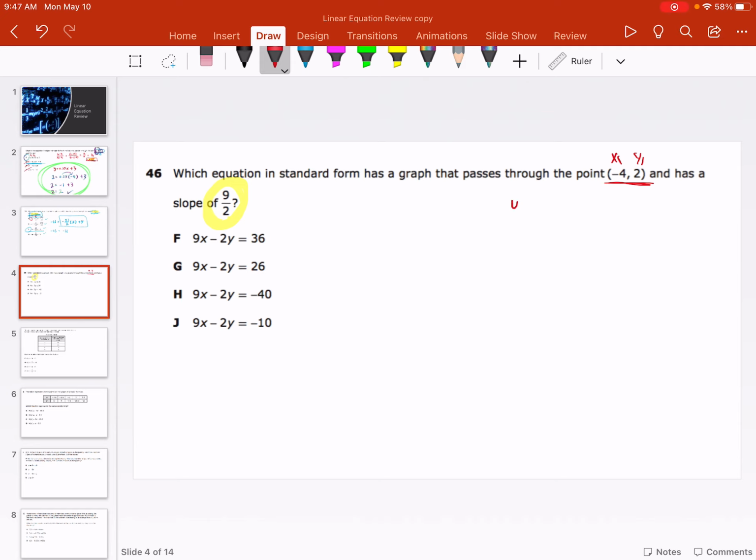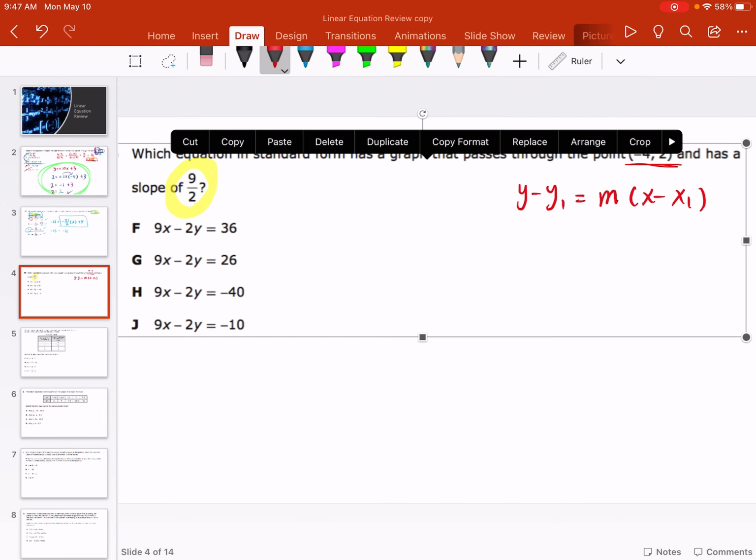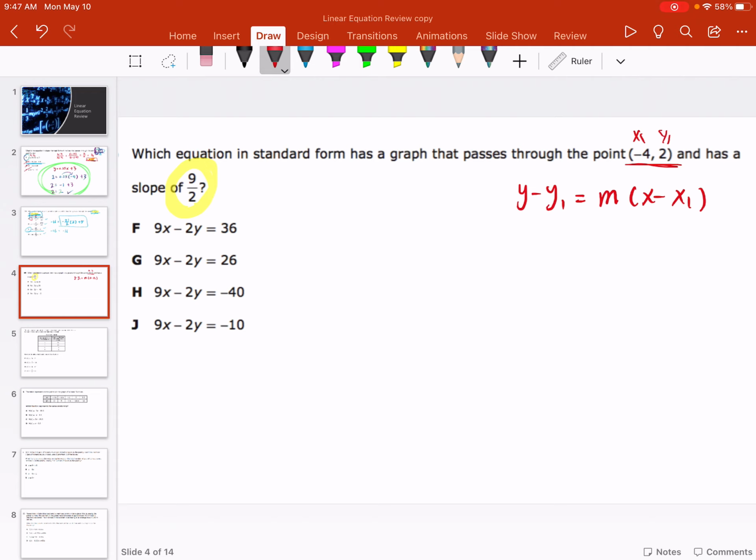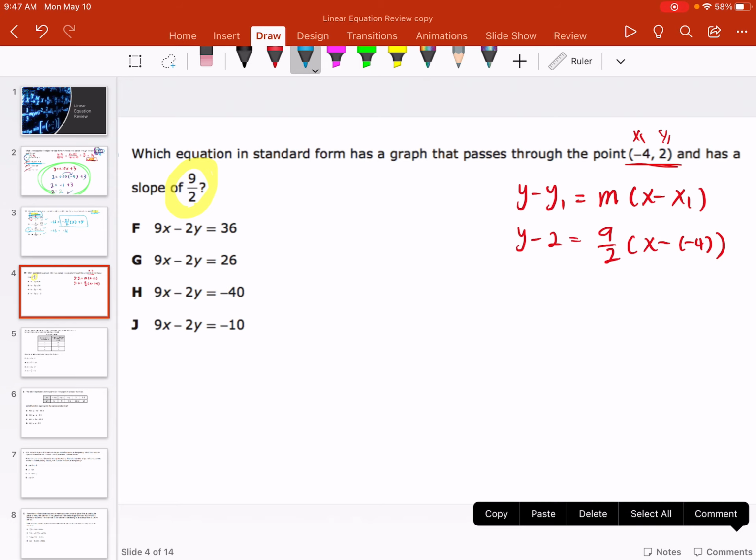And you remember the formula, or you can use it from the formula chart. So we don't have to calculate slope because it is given to us already. So we just plug this number in. Y minus 2 equals slope, it says 9/2, x minus -4. Yep, two negatives become positive, like that.